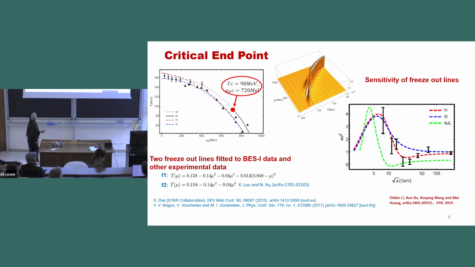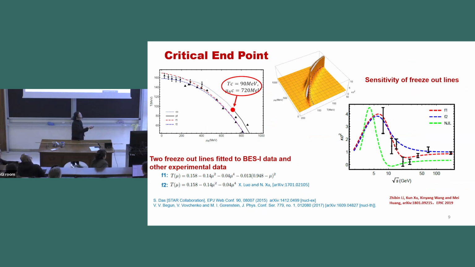So anyway, the renormalization group or functional renormalization group, FRG, or DSE or HQCD or other effective QCD models just predict the location of the critical point.